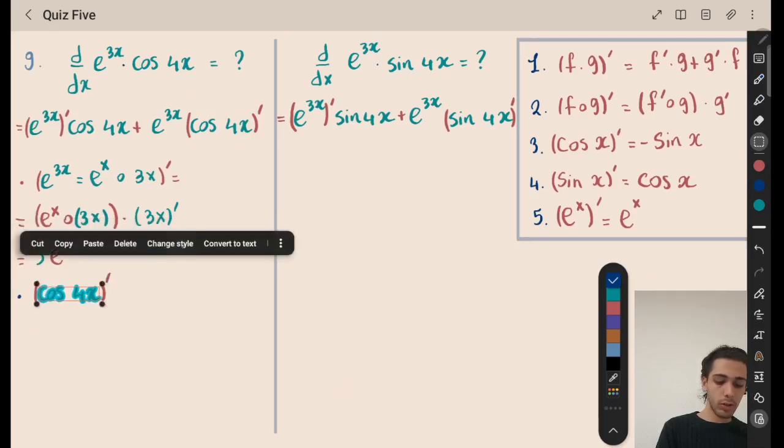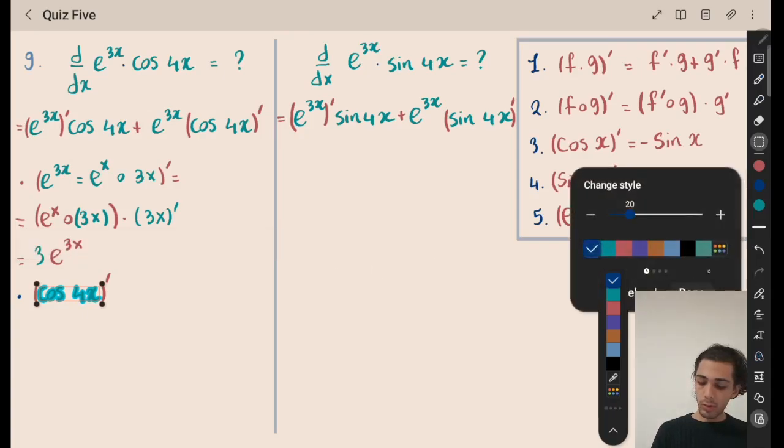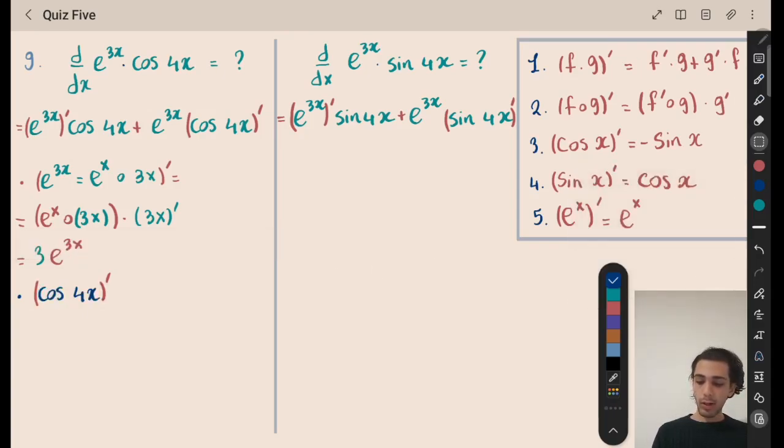Maybe I'll give it a blue color just to add something new. So here there are two things. This is of course the composition of cosine of x and 4x. I think that is clear.